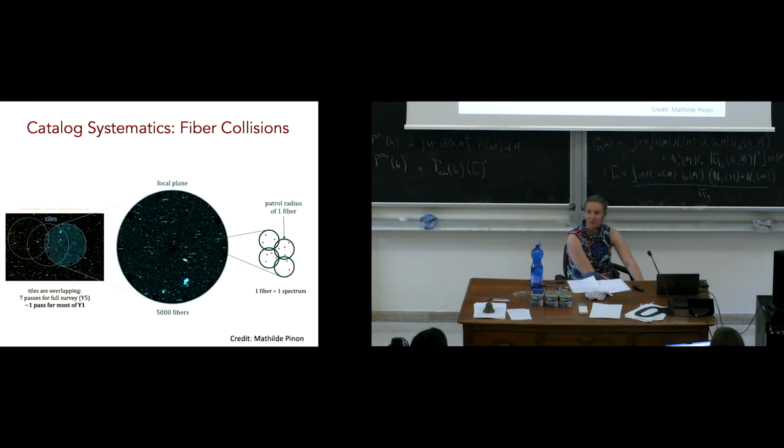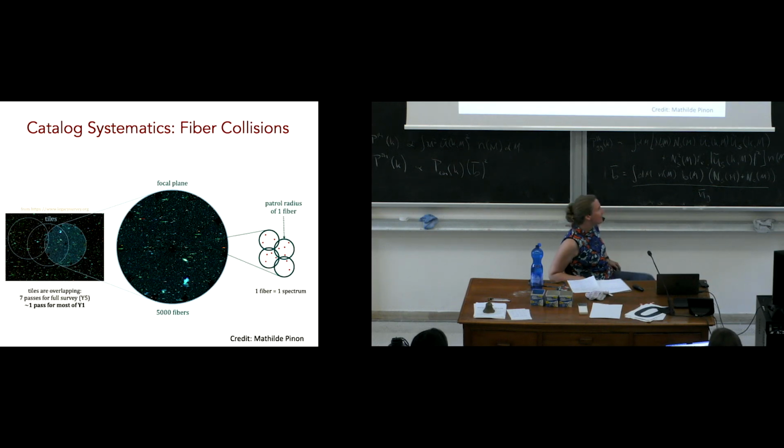To just give you a flavor of these different types of effects, I've got one more example, and that is fiber collisions. Again, affecting spectroscopic surveys that rely on targeting.